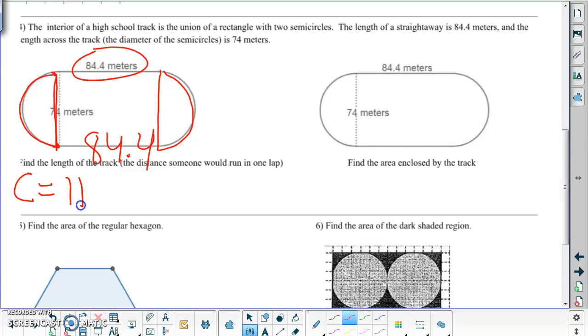So it's just pi times 74. Normally you would divide by 2, but there's no point because you would then multiply by 2 because there's two semicircles. All right, so what is pi times 74? 232.5.